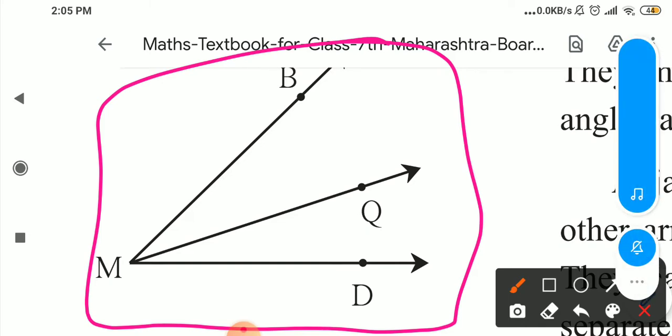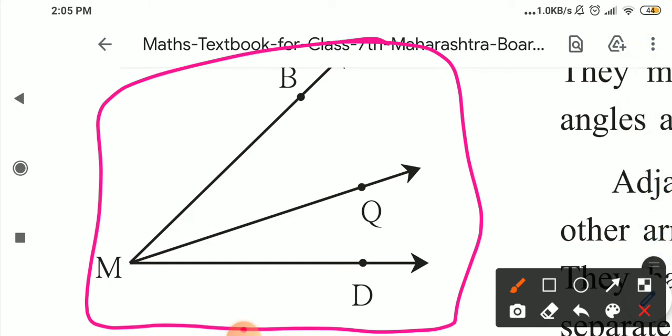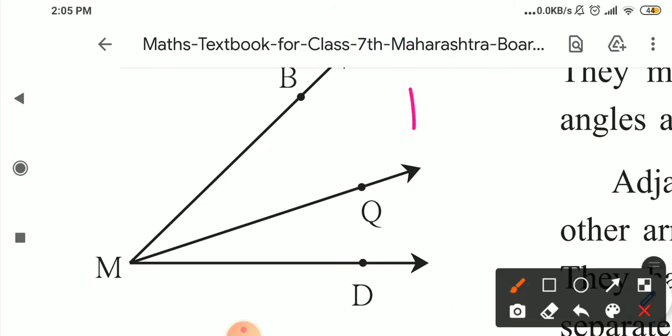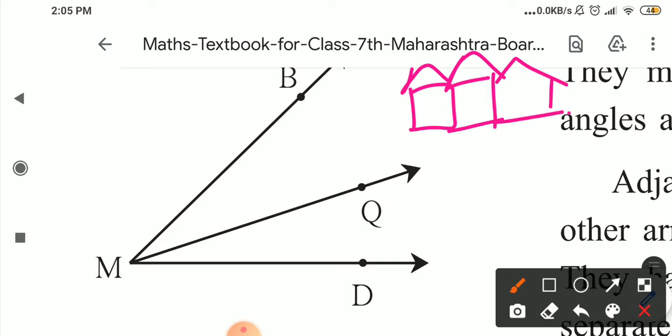Okay, to understand it, you know that in our houses, suppose this is our house, then our uncle's house is also right here. So this is adjacent. Adjacent means one and then next, in this way the arrangement of the houses is there. So that is the adjacent arrangement of the houses.